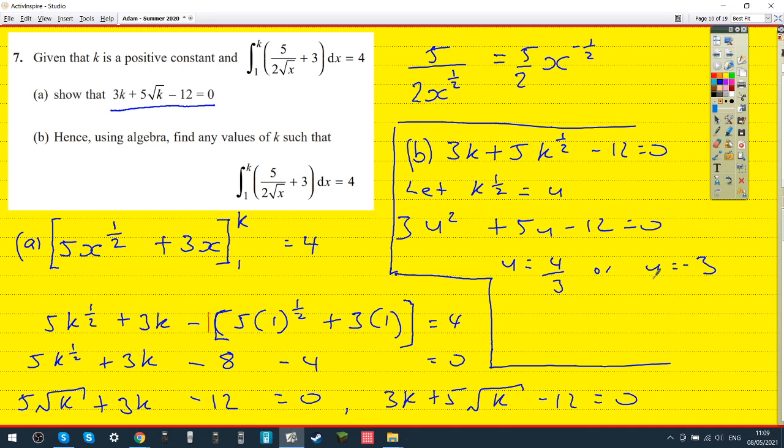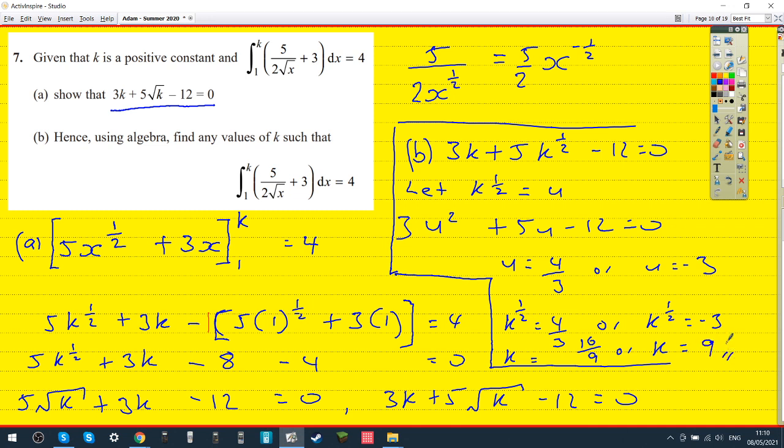So you would do it as k to the power of a half, and then one of them will be k to the half squared. How would you solve it? You square both sides. And you get 16/9 for the first one, and 9 for the one on the right.